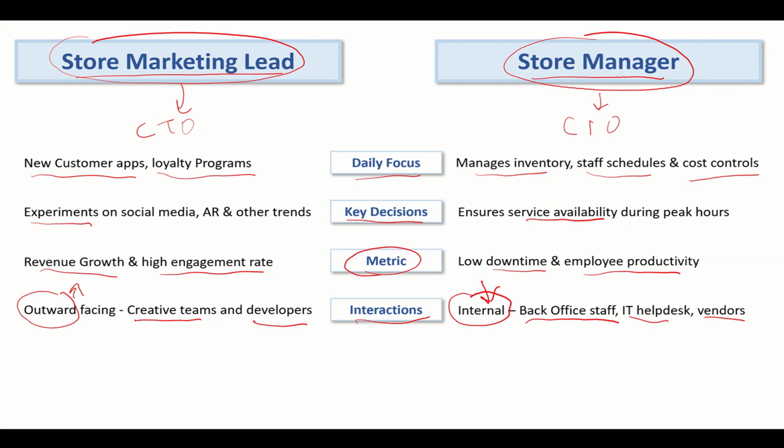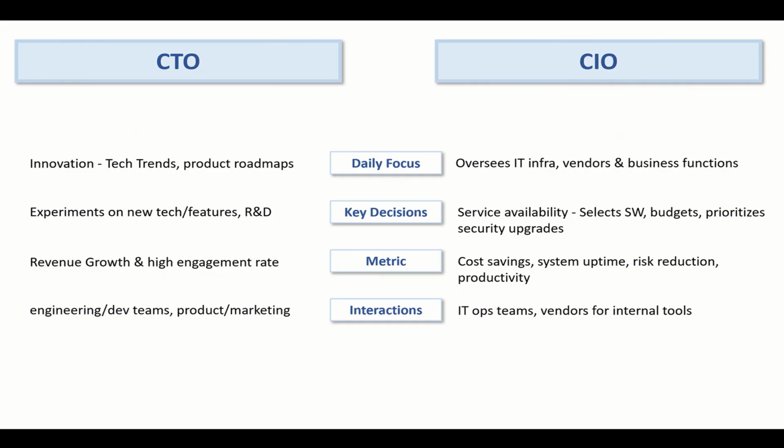Let's go ahead and understand the complete difference between CTO and CIO. As we discussed earlier, the CTO is more focused on innovation, research and development, where new tech trends need to be understood, along with the product roadmap, so as to bolster the user experience. However, the CIO is more about overseeing the IT infrastructure, talking to the vendors, and how the business functions are working. The second differentiation is about key decisions.